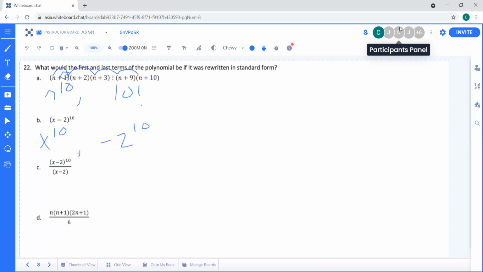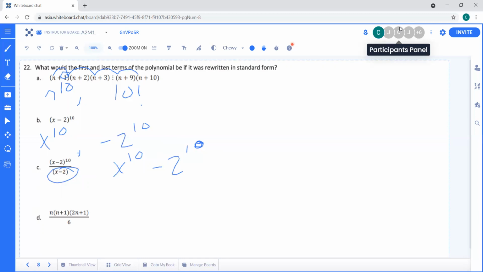Last term. Let's see. Okay, so these two terms actually end up being one right here. So you have x to the 10 and then you have 2. That's all we're caring about.